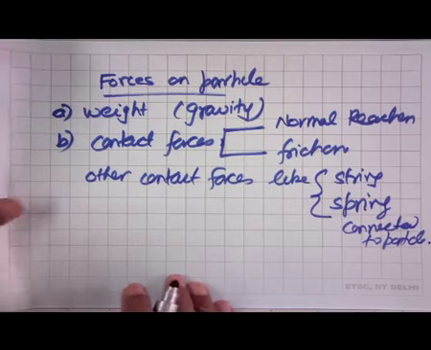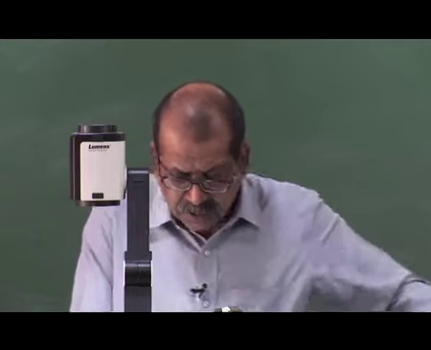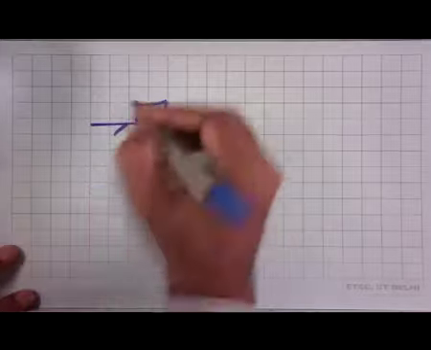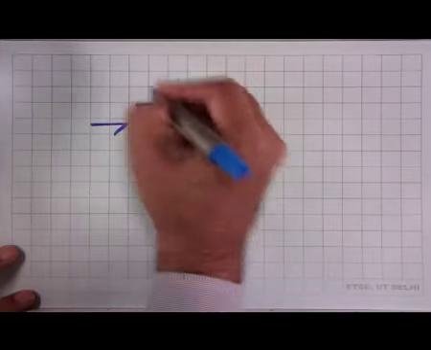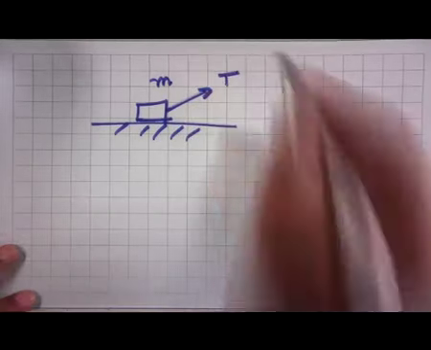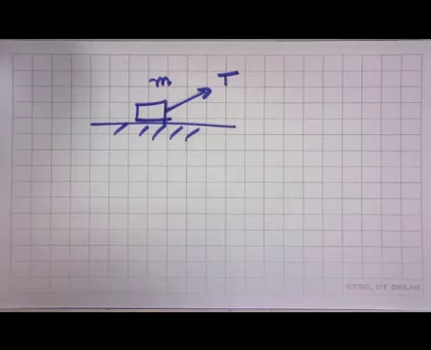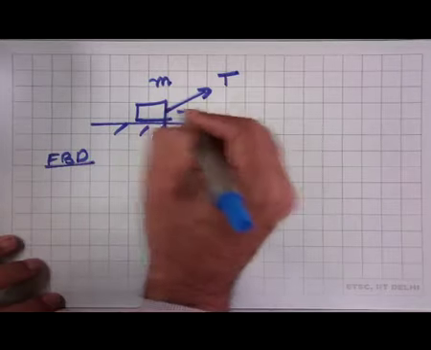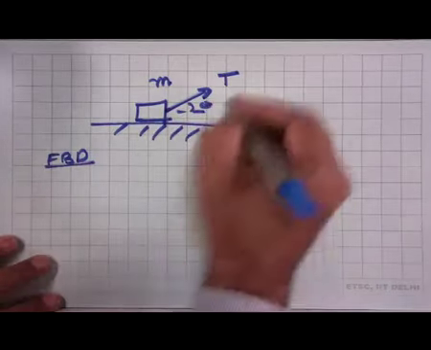As we have seen, for example, we had this block on a table which has a mass m and there is a string which is pulling it with a tension T. Let us say this angle is theta.